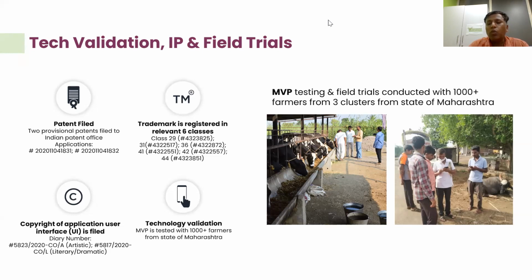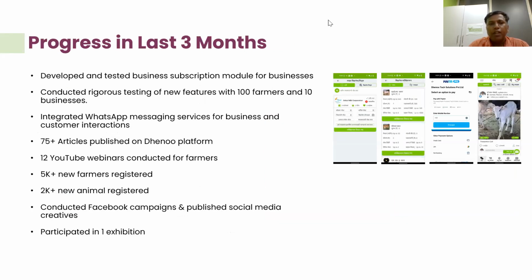The clusters are groups of 10 villages each, and in these 3 clusters, operations are going on on a day-to-day basis, where our Dhenoo doots, which are Dhenoo messengers in that sense, are visiting each and every farm on a daily basis in those 10 villages and supporting farmers in their dairy farming activities.